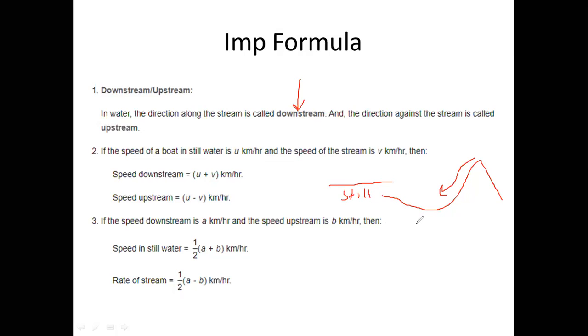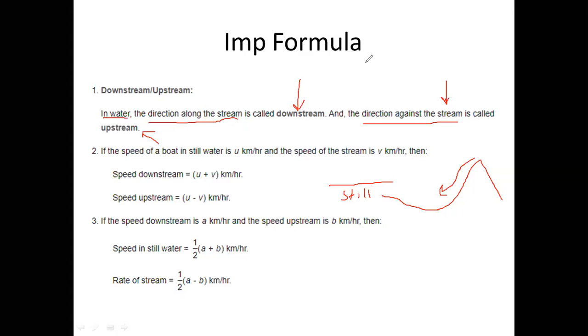If the water is running, in this case the direction along the stream is called downstream, and the direction against the flow of water is called upstream. Like when you are swimming against the flow of water, that is a problem. The force of the water will send you back, but you are trying to go up in the opposite direction of the stream. That is what we are talking about here.